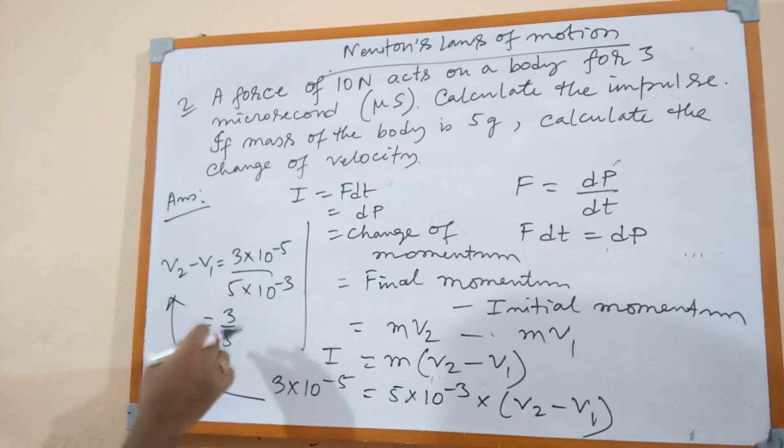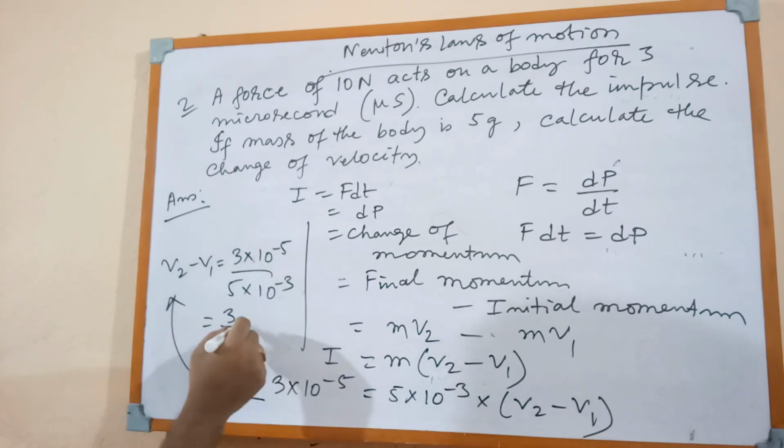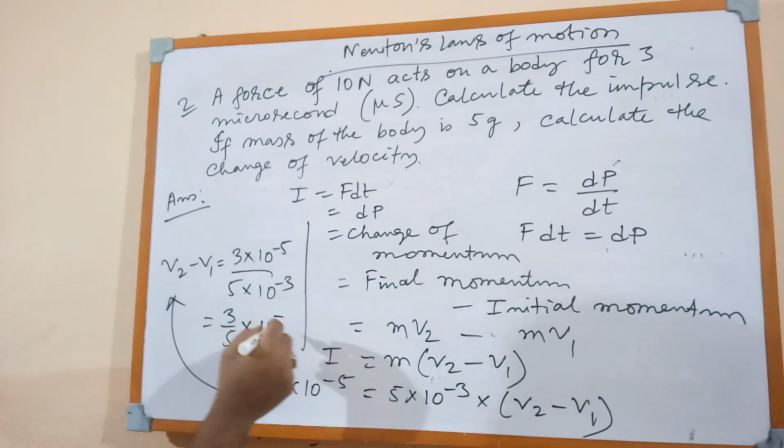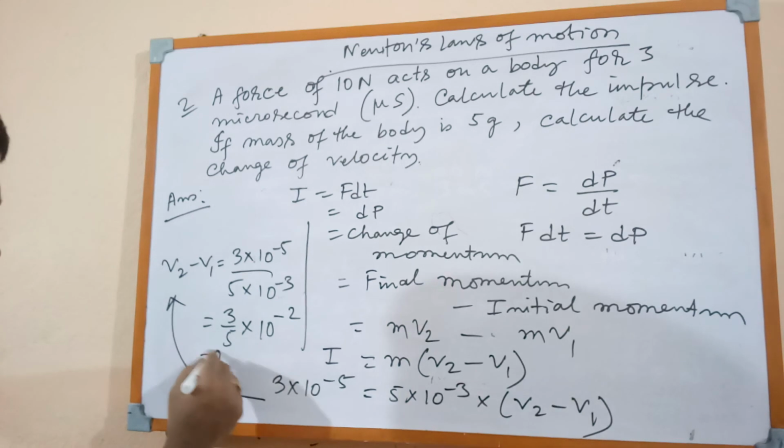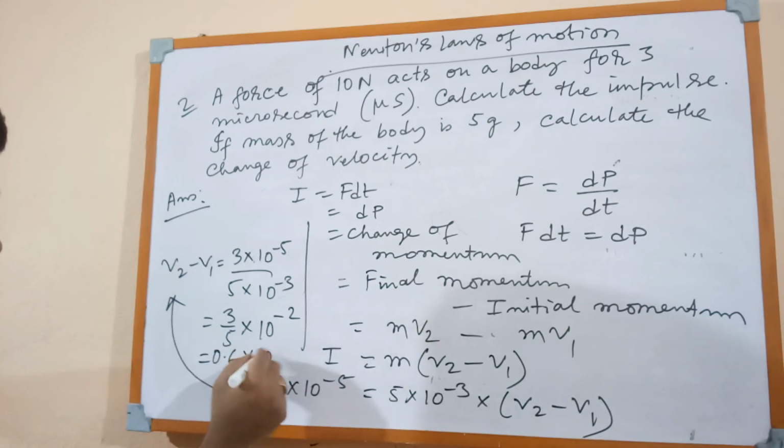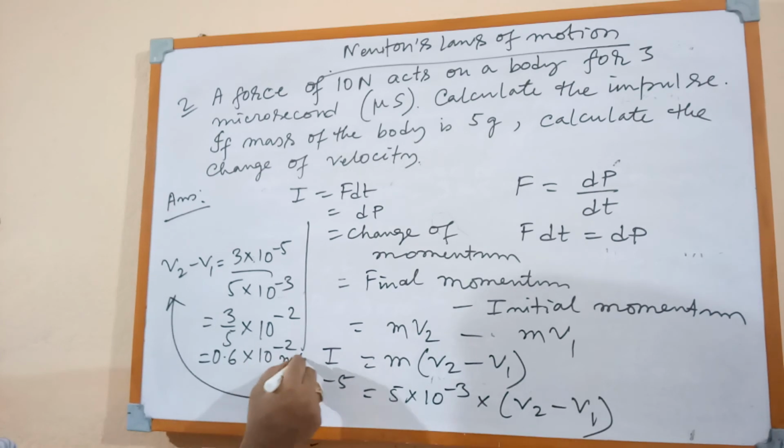The decimal value of 3 by 5 is 0.6, so it is 0.6 into 10 to the power minus 2 meter per second.